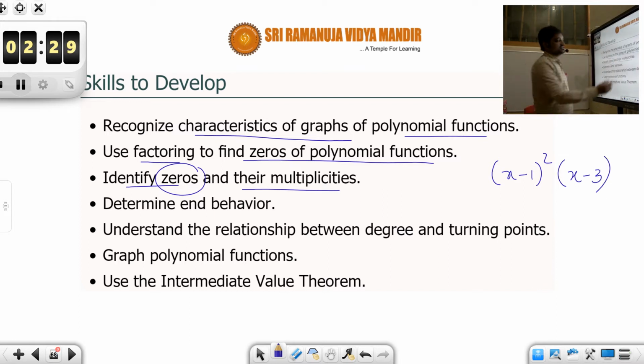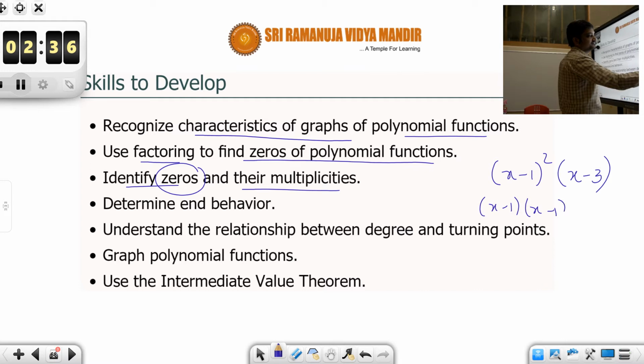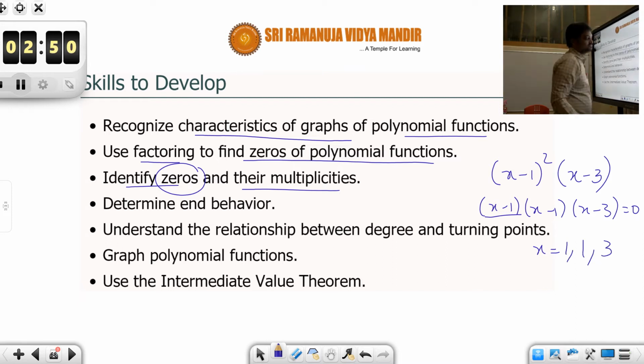Okay students, in this expression, if you equate each linear factor to 0, then the values of x at which this expression becomes 0, the zeros, we will get as 1, 1, 3. Now if you look, the 1 is repeating twice.